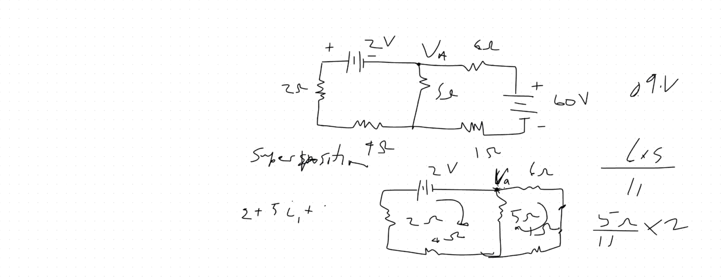So if we just say 5 ohms over 11 times the 2-volt source, that's going to give you 0.9. And then 1.1 would be across the 6 ohm, right? Together, you see? You did a voltage divider again. So VA is equal to 0.91.